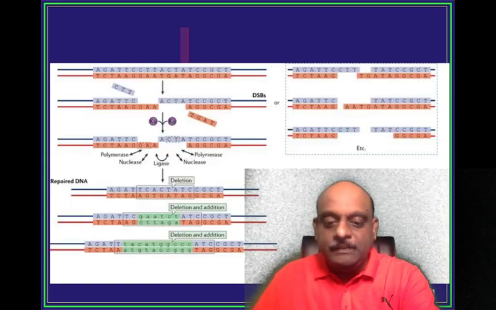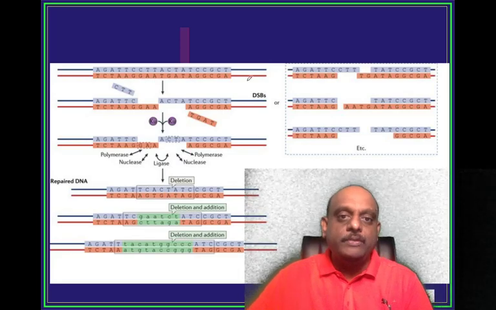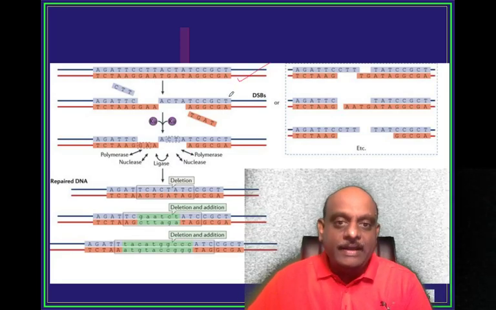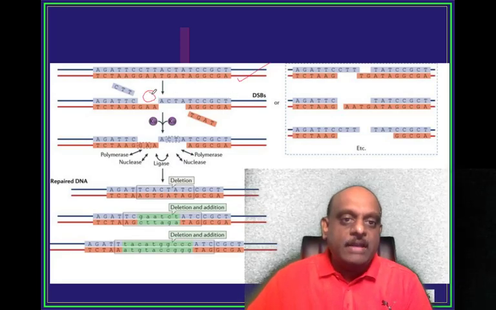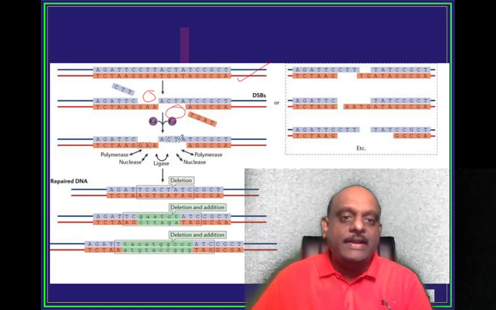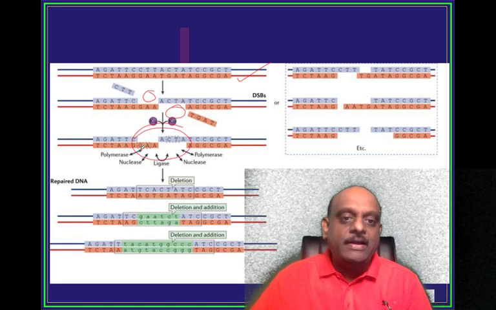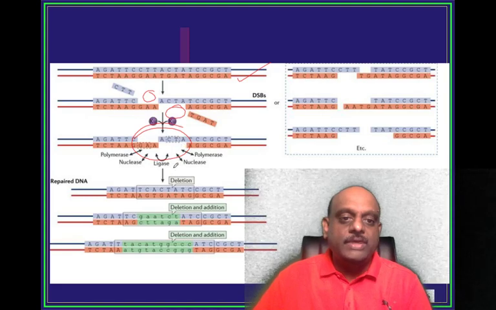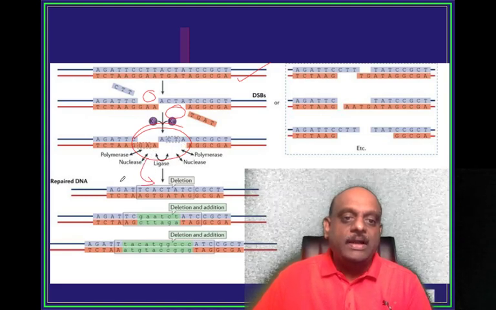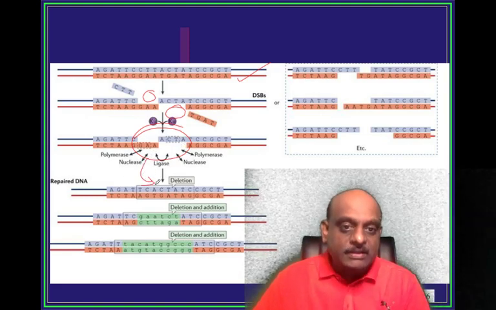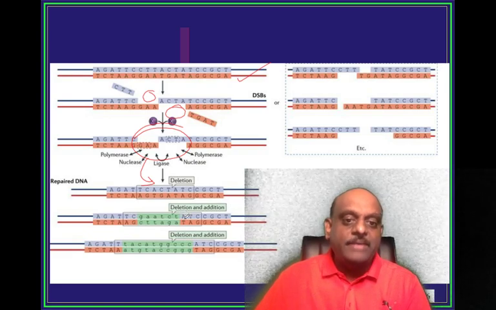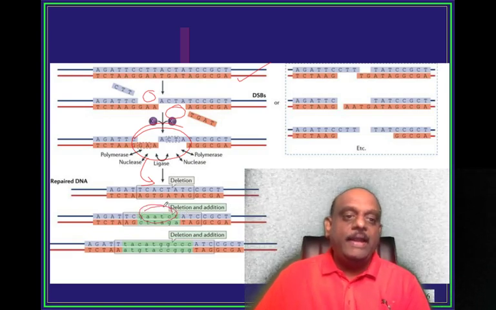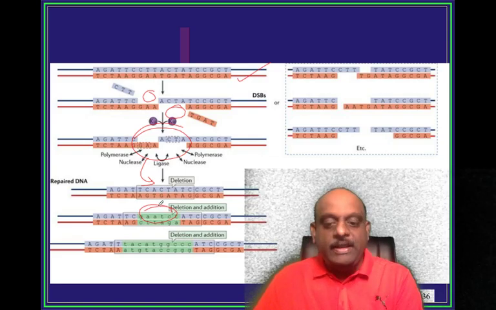Look, it is a double stranded break which is being created and that is being repaired using the insertion, deletion and then addition of that filling gap.